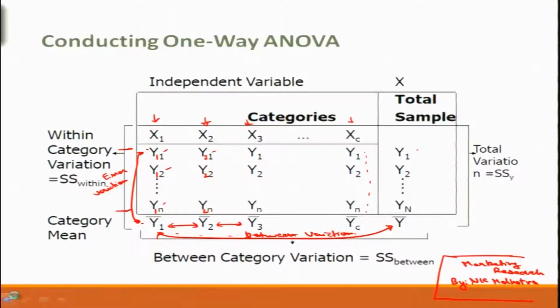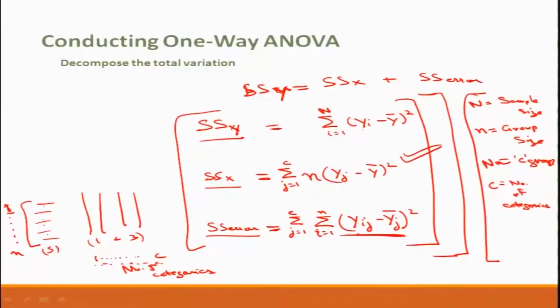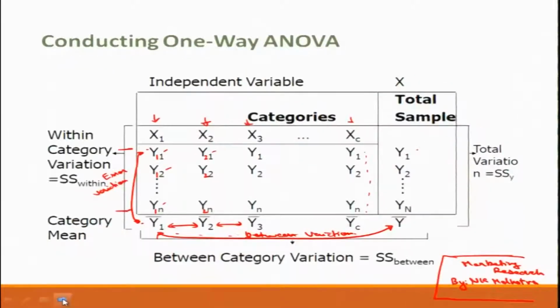For each yi, where i varies from 1 to n here, we have the total variation. So, total variation is SSY, between category variation is SS between, and within category variation is SS within. We have these category means here, and this is the total sample mean y bar.